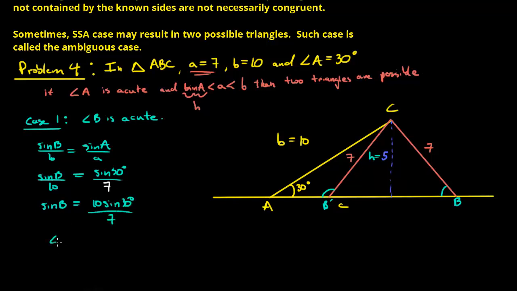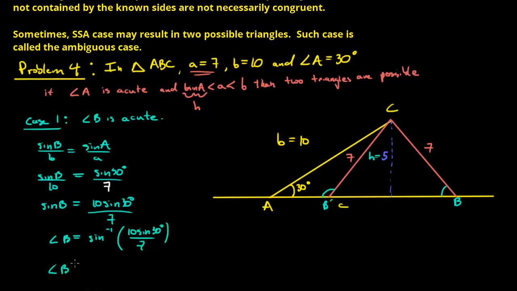And thus angle B is approximately equal to, if you do this on your calculator, well, maybe we should show that. So angle B is equal to the arc sine, or the inverse sine, of 10 sine 30 degrees divided by 7.